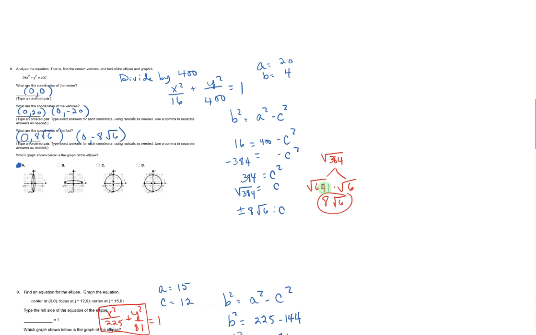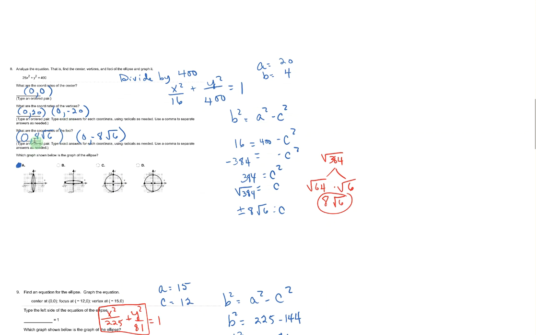You just start looking at your perfect squares and see if something will go into that. And the square root of 64 times the square root of 6 works. So that's 8 square roots of 6 is your c value. So coordinates of the center, 0, 0. Coordinates of the vertices, 0, 20, 0, negative 20.